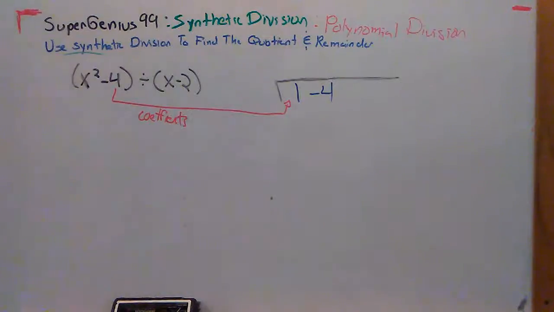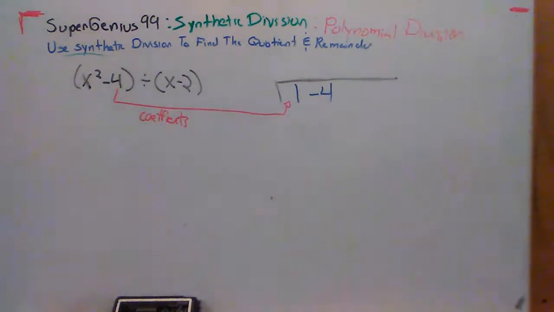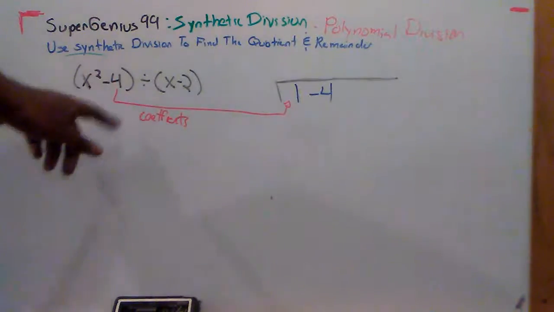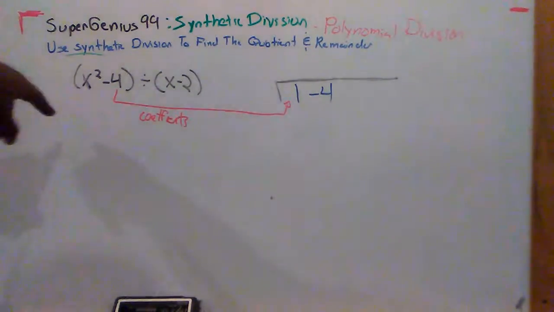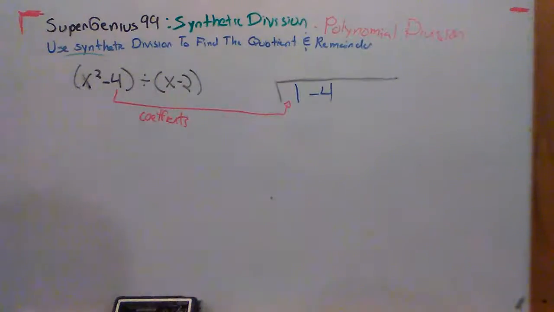But we can't do this because, similar to long division, we have to represent every coefficient of the powers of x from the highest power to the lowest power, even if one isn't there. So in between this x squared and this 4, we're missing an x to the first power. Or you might say, well, there is no x to the first power. And yes, you were correct, there is no x to the first power, but we still have to represent it. So since there's none of it, we represent it with the 0.